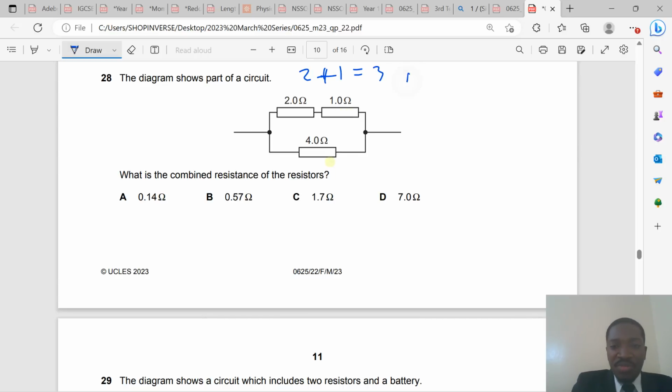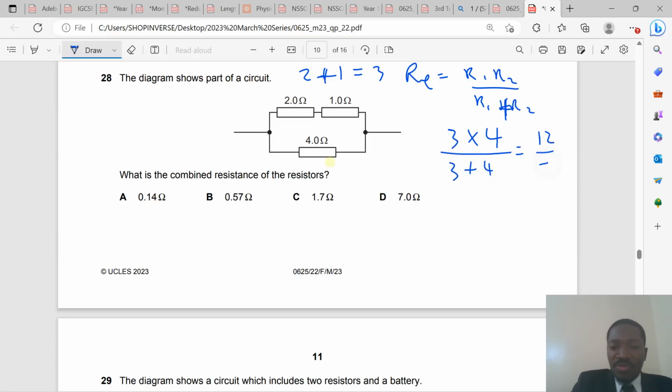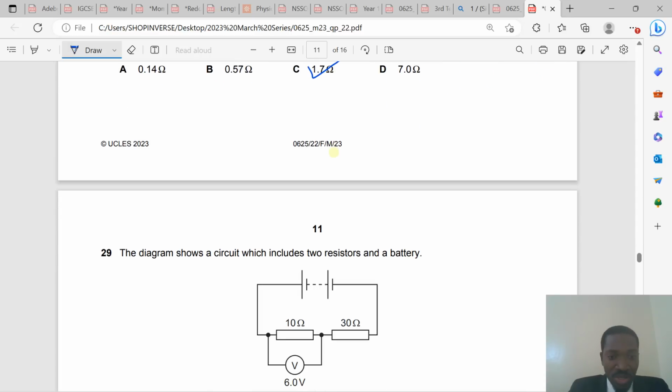The formula for the equivalent resistance will be R1 R2 divided by R1 plus R2. Let's take R1 as the 3 ohm resistor, so we have 3 times 4 divided by 3 plus 4. 3 times 4 is 12. 3 plus 4 is 7. 12 divided by 7 will give us 1.7 ohms. That makes option C the correct answer to question 28.